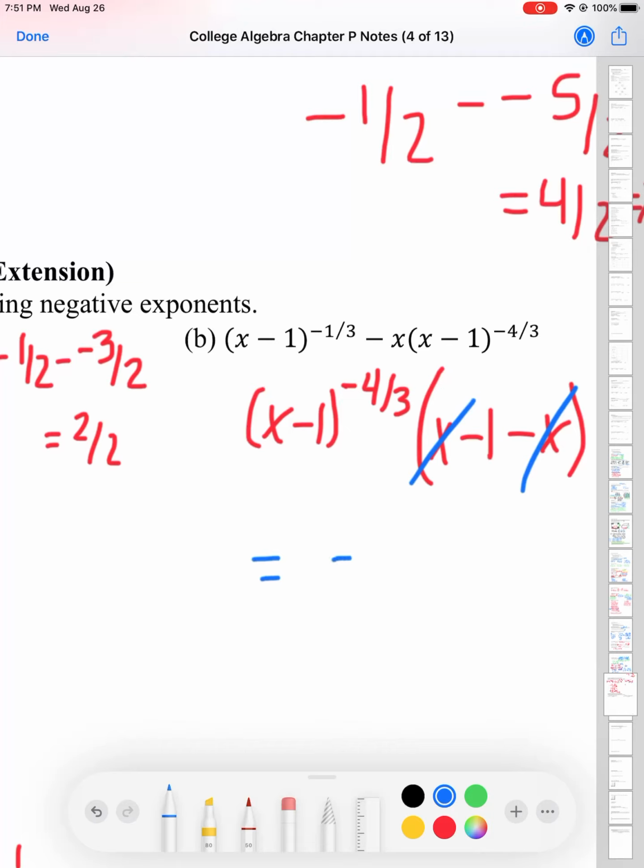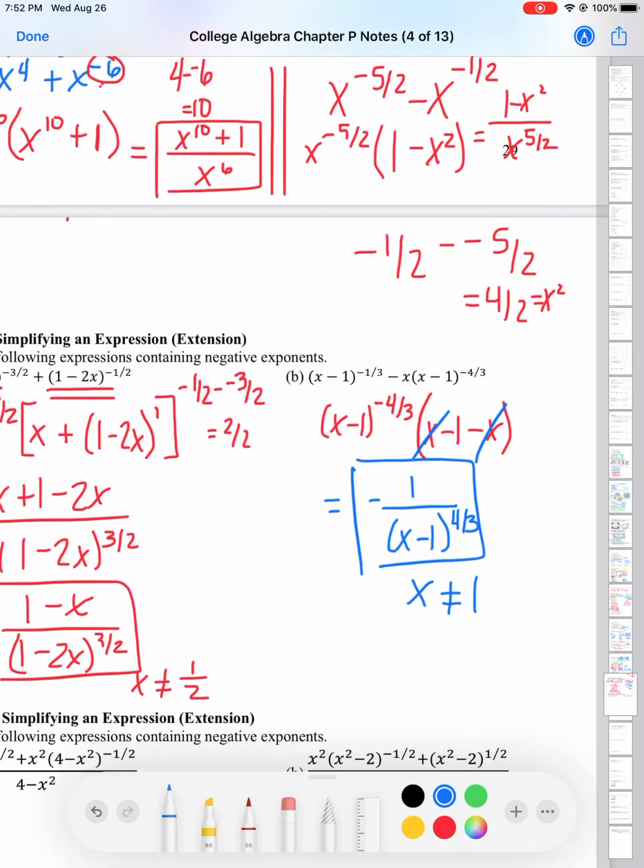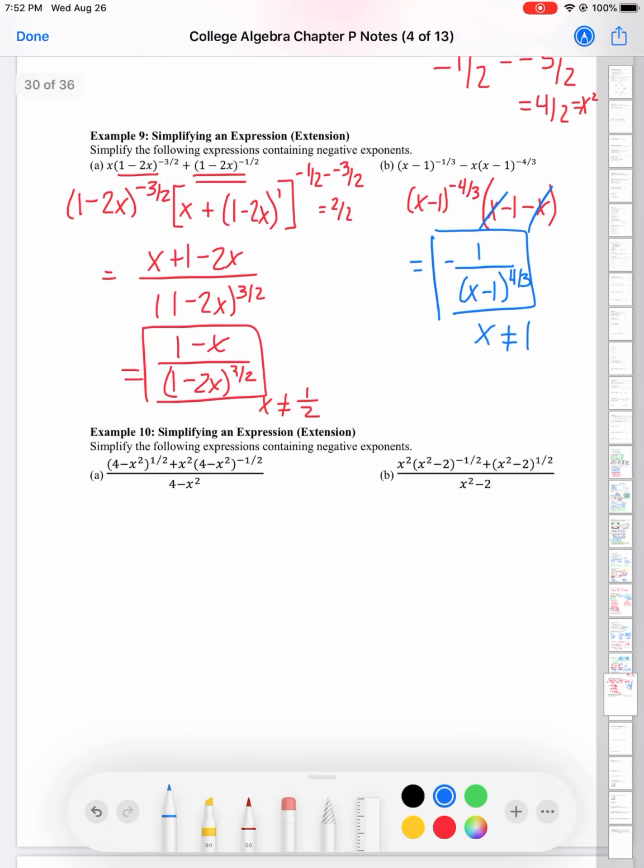So that causes me to get -1 over (x minus 1) to the 4/3 because I always want to have positive exponents. And remember, x cannot equal 1. So once you get the concept down, it's not that hard of steps to follow.